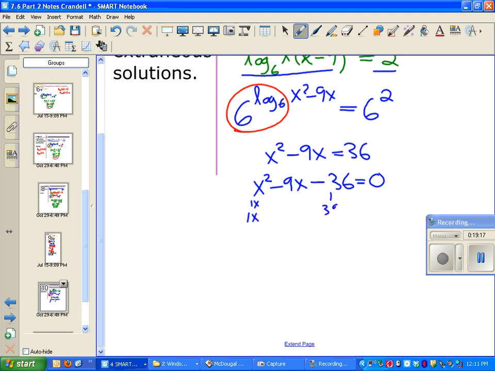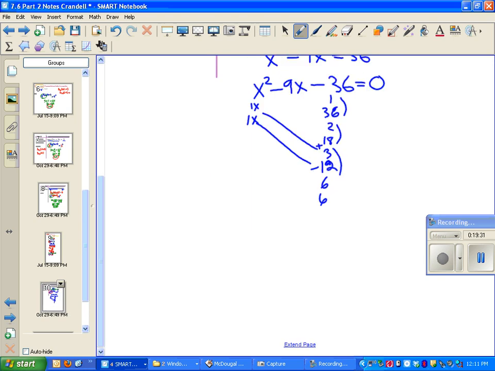So 1 and 36, 2 and 18, 3 and 12. There's 6 and 6, but I think I found it. So if we have a negative 12 and a positive 3, that would work. So I have x minus 12 and x plus 3 equals 0. So x is going to be equal to 12 and x is going to be equal to negative 3.